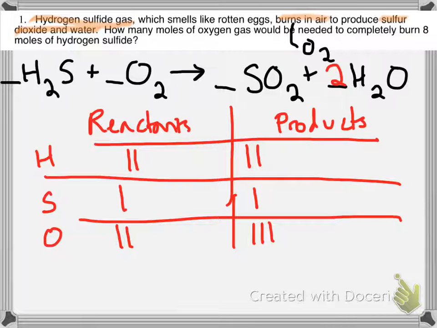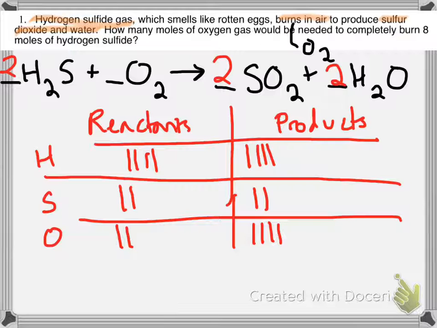Well, now I have 4 H's, and I have 2 O's from H2O and 2 O's from SO2. So now I'm going to balance my H's. I have 4 on my product side, so I need 4 on my reactant side. But that makes me have 2 sulfurs on my reactant side, so I need to balance my sulfurs.